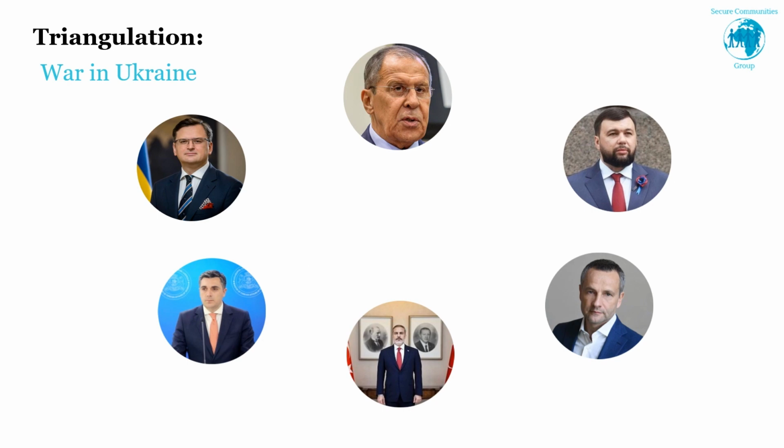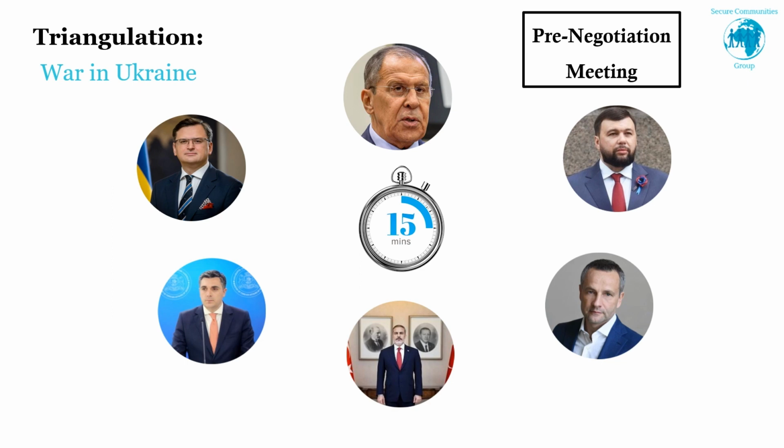There, for a total of 15 minutes, each table represented by normally 5 to 10 people each, must negotiate over how they are going to present to the 6 other characters' tables their stances on issues A, B, and C. As you can imagine, this in and of itself, often called a pre-negotiation meeting, is a round of negotiations.